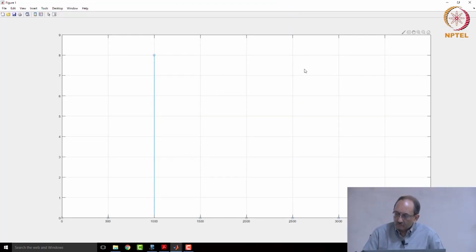The x axis is frequency. So, this goes from 0 to Fs by 2, because from Fs by 2 to Fs the magnitude plot will be the same. Now the sequence frequency was 1 kilohertz, and you see at this point a value of 1, and at every other bin index the value is 0.